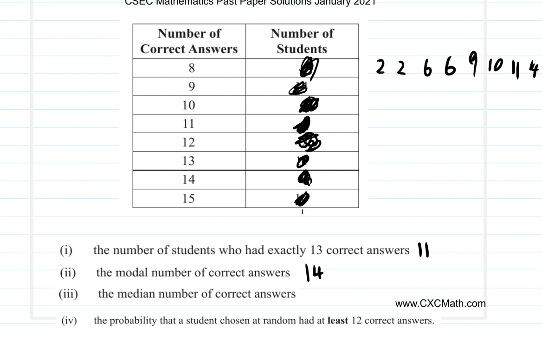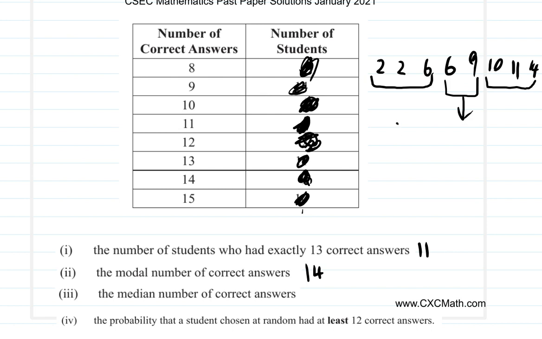How many are there? 1, 2, 3, 4, 5, 6, 7, 8 of them. So you have 3 to the left and 3 to the right. So these now will give you your median. There are 2 of them in the middle.